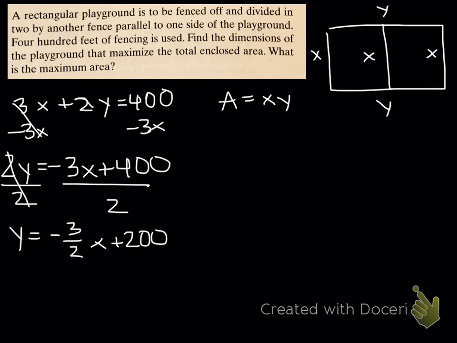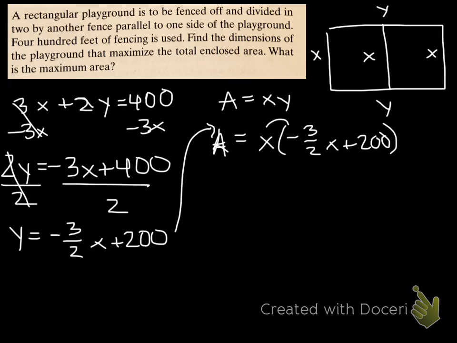And now we're going to plug that in for the area over here. So I have my area is equal to x times negative 3/2 x plus 200. And we'll distribute. So I'll get negative 3/2 x squared plus 200x.